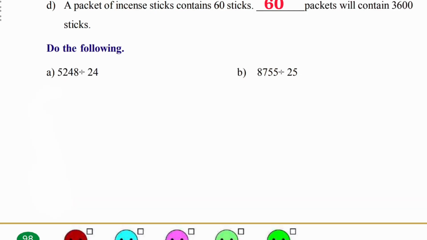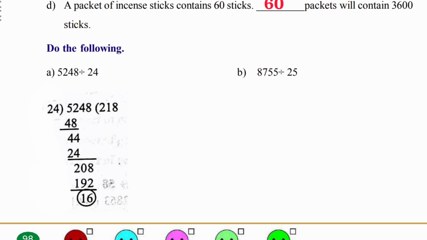Okay, let's move on to the next Roman, that is do the following. Here we have to do the division. So first number is 5248 divided by 24. Okay, so write it down guys. Pause the video and write it down.